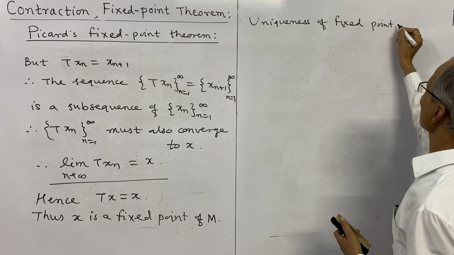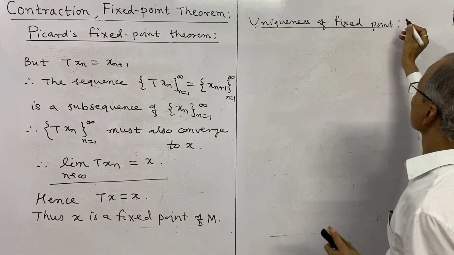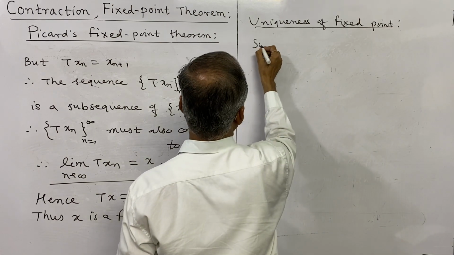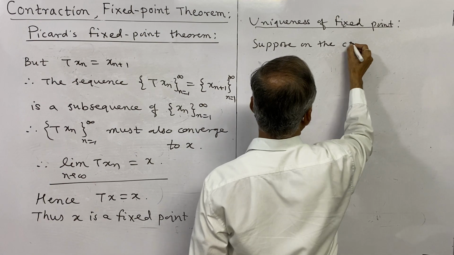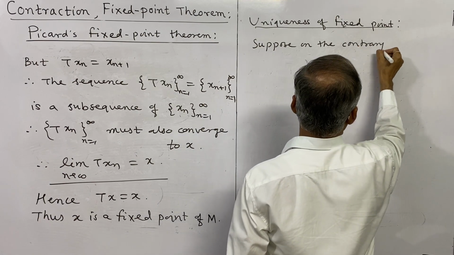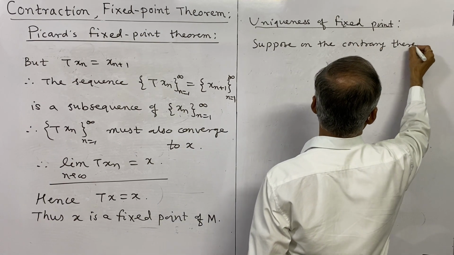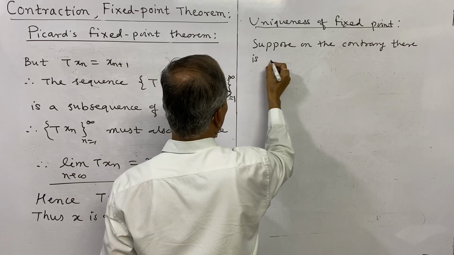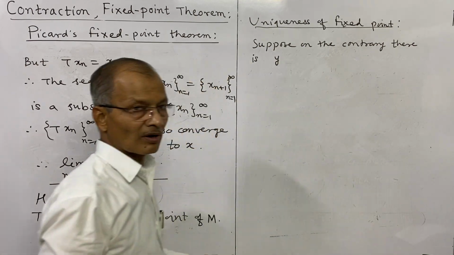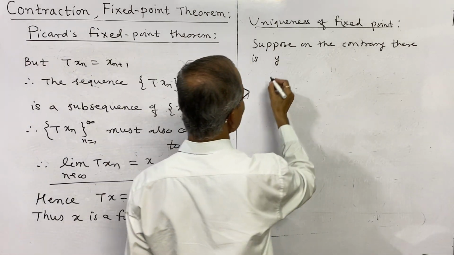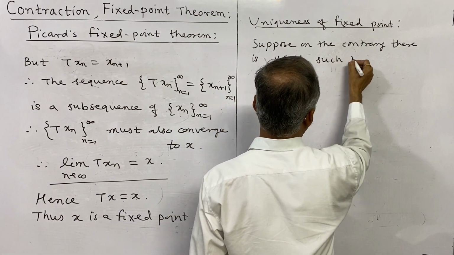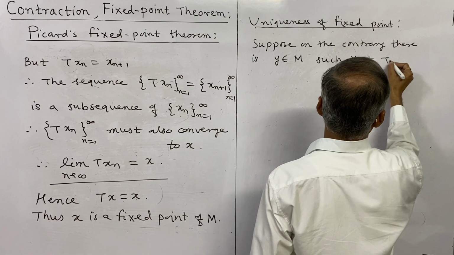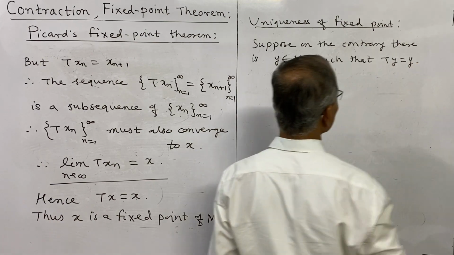Suppose on the contrary, there is y belongs to M such that Ty is equal to y with the same condition.